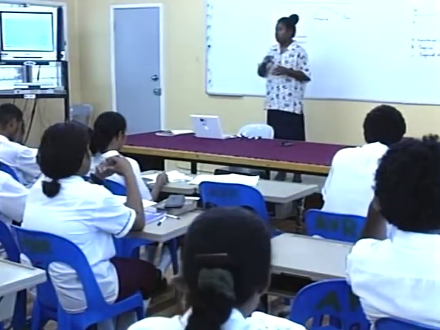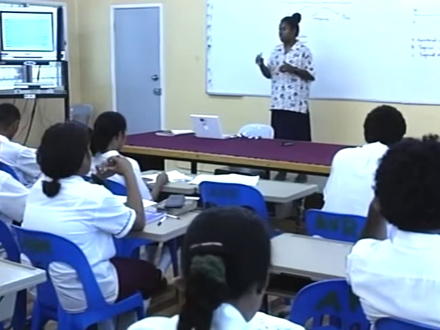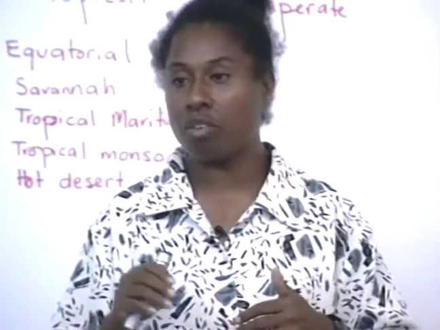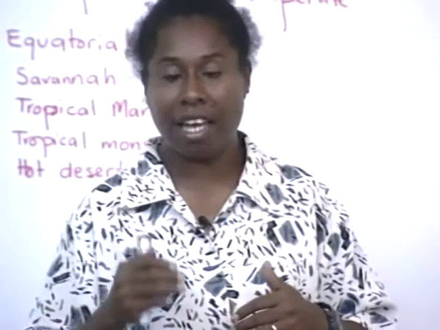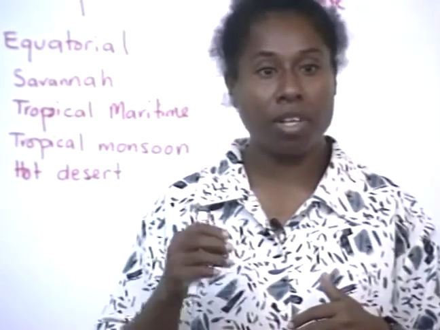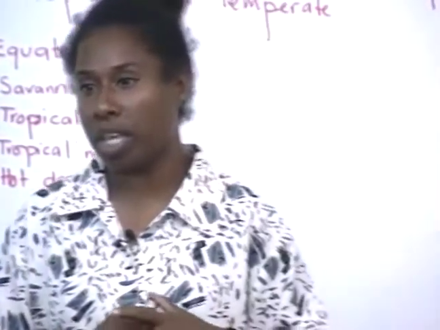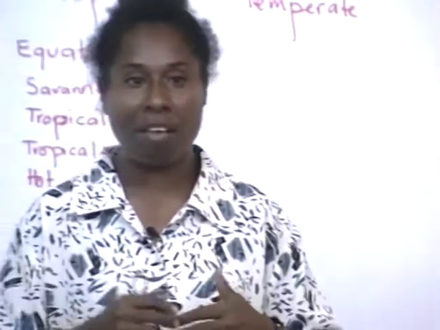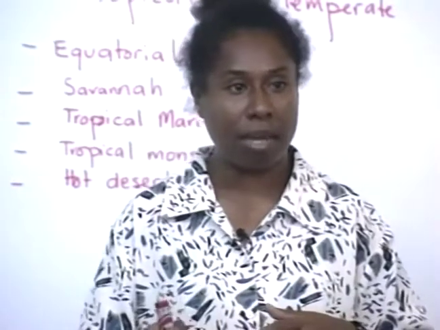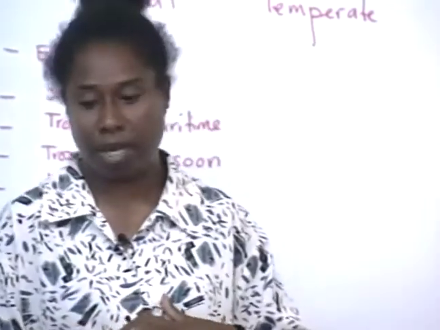Therefore, all of those areas within 5 to 15 degrees north and south of the equator on the eastern side have a lot of influence of the trade winds. And the trade winds bring a lot of moisture and rain with them, resulting in what we call a tropical maritime or east coast climate.